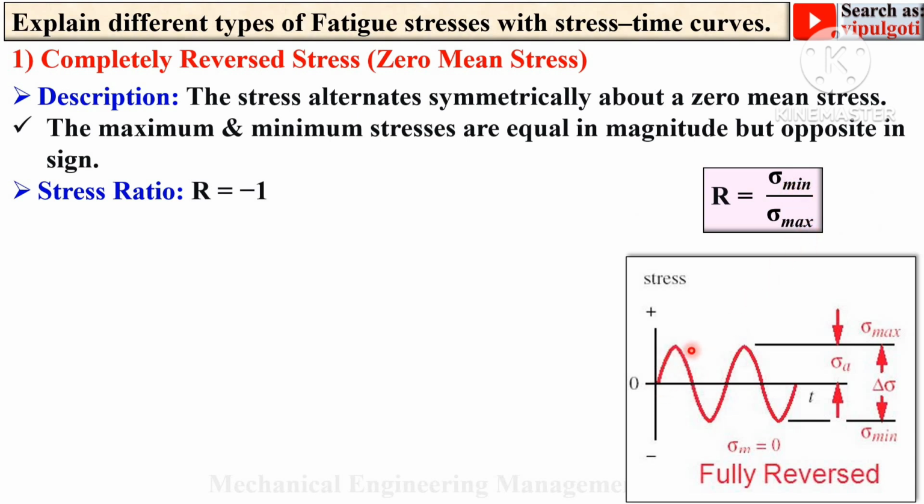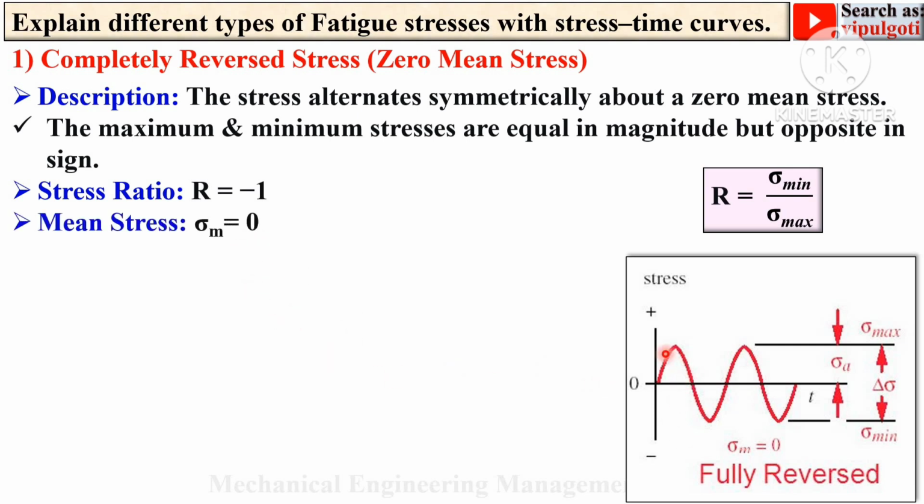In this diagram, this is the plus 5 value and this is the minus 5 value. So sigma minimum by sigma maximum, that means minus 5 divided by plus 5, which will be minus 1. So the stress ratio will be minus 1 in case of fully reversed or completely reversed stress.